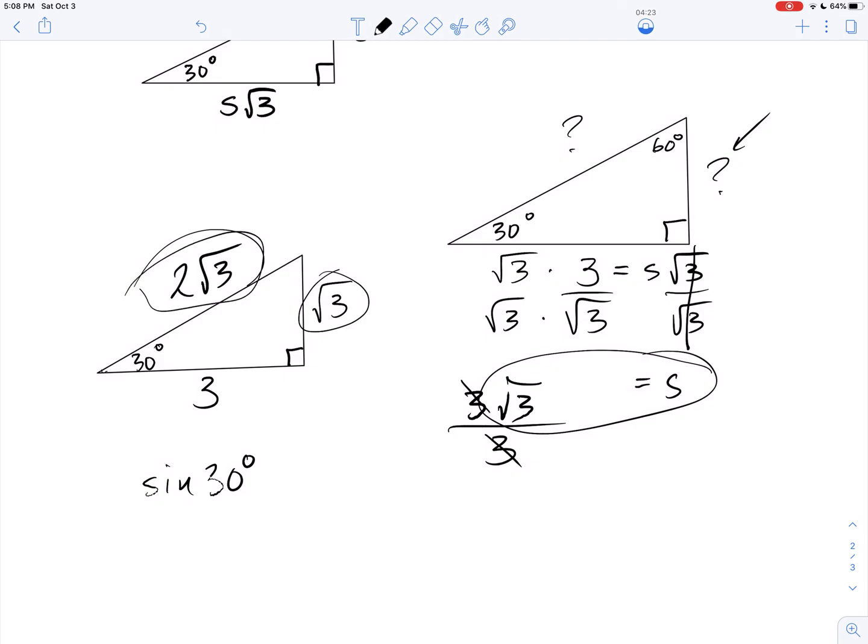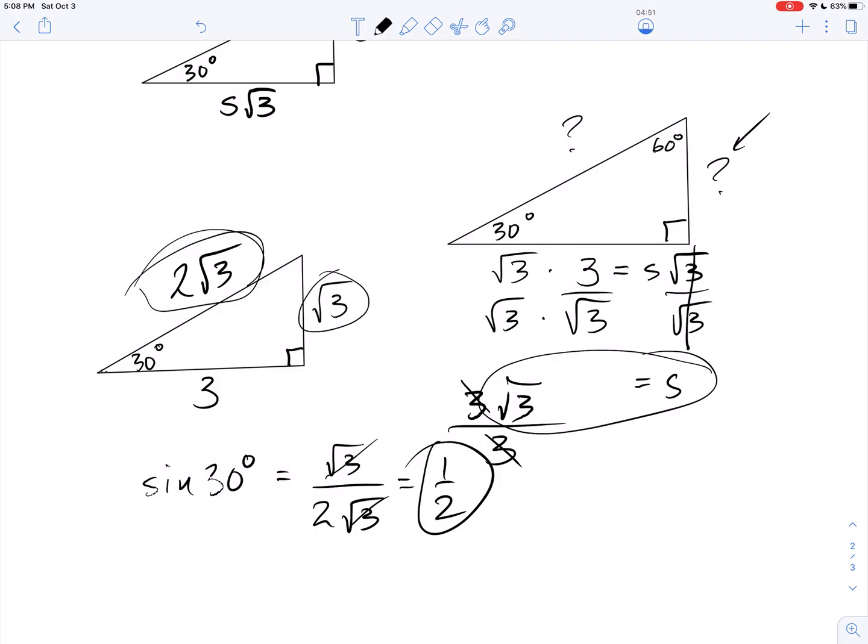I could totally find the sine of that 30-degree angle. Wait a minute, these are both inside numbers. I could reduce. What holds the place on the top for me? 1/2 does. So the sine of 30 is 1/2.